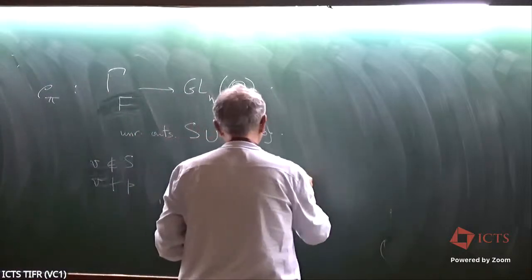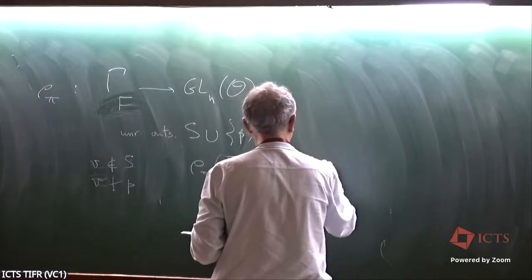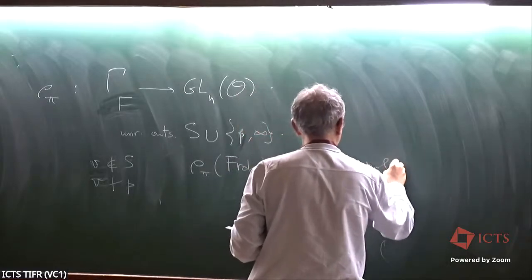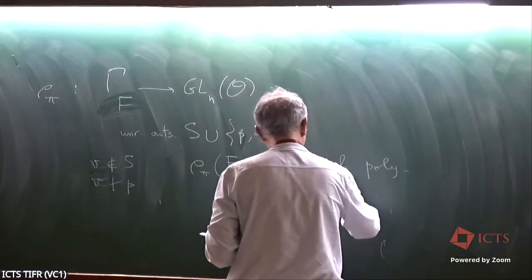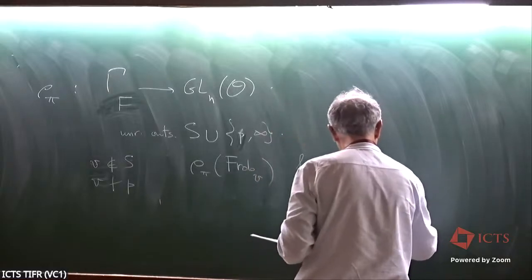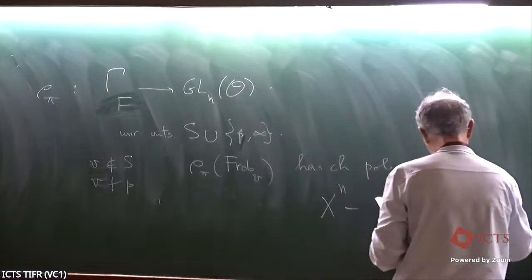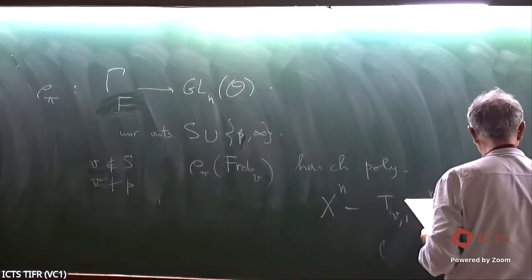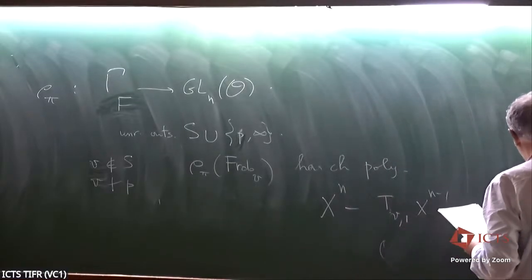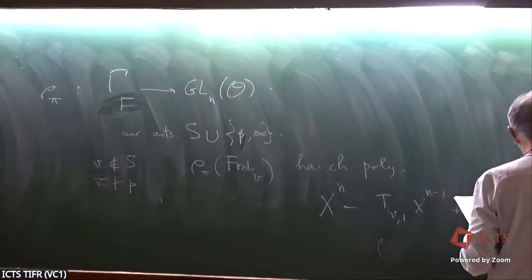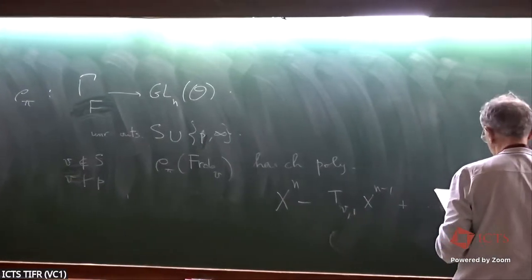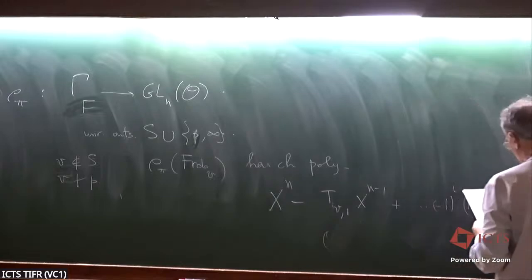As characteristic polynomial, well, as you know, x^n minus t v1 x^(n-1) plus minus 1 to the i norm of v to the i minus 1 over 2 x^(n-i). Oh, yeah, I forget.